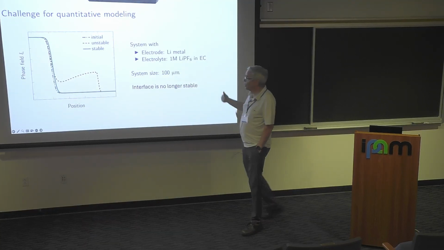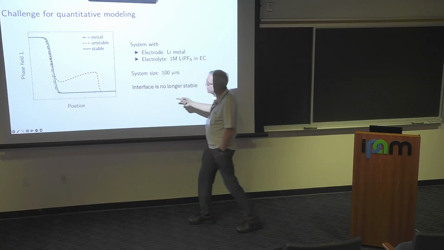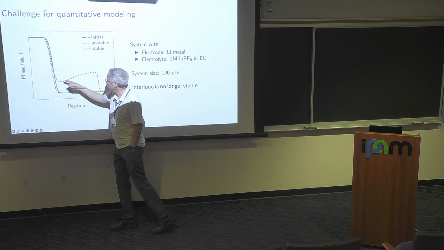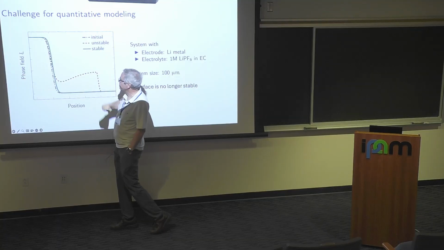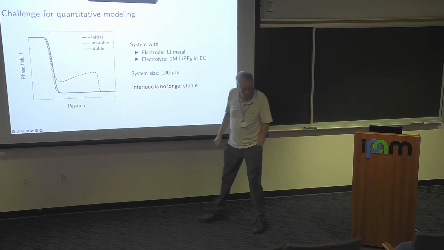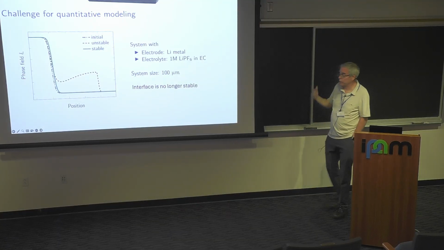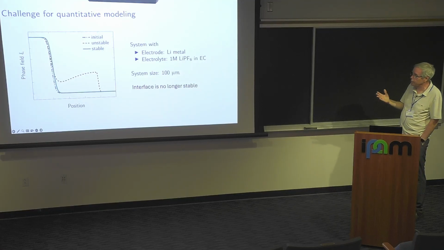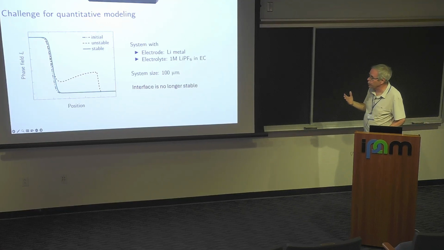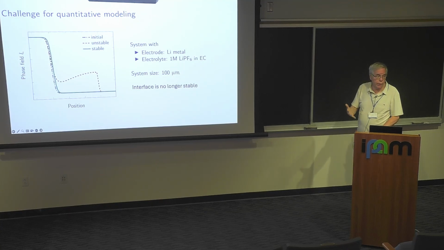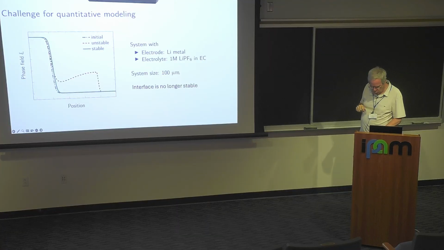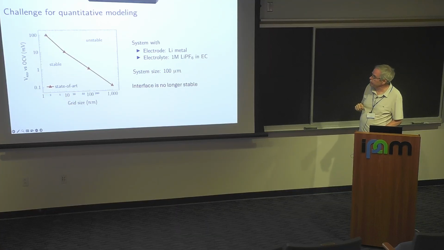You allow the system to evolve, and what happens is the interface actually breaks up. It becomes unstable. And it's unstable because in these electrochemical systems, and if you're doing oxidation of metals, it's the same thing, the chemical driving forces associated with electrochemistry are so large compared to many other systems that these interfaces become unstable. And how do you get rid of that problem?